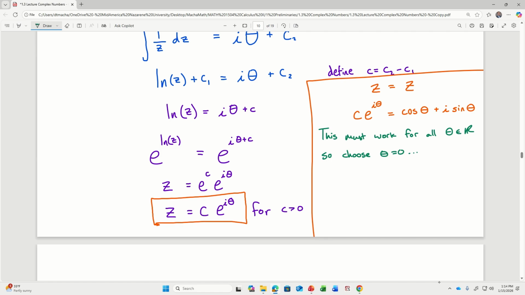If I set theta equal to 0, I get the equation C times e to the power I0 is equal to cosine of 0 plus I sine 0. What is e to the power 0? 1. What is cosine of 0? 1. And what is sine of 0? 0. So in other words, C has to be the number 1.